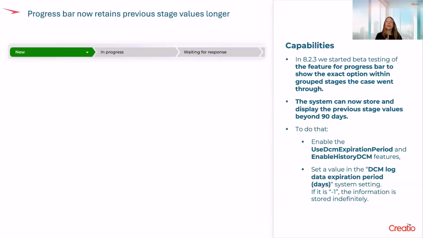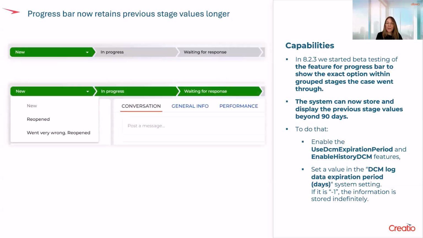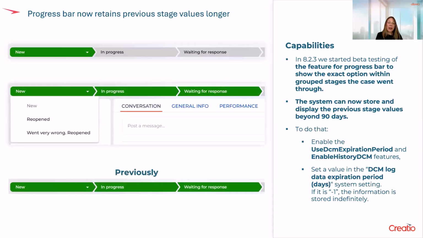Since version 8.2.3 in beta, if you enable the enable history setting, Creatio now correctly tracks and displays the actual previous stage value, even if there were multiple possible options in that stage group. However, this data was only stored along with process execution data, which are deleted by default after about 90 days.